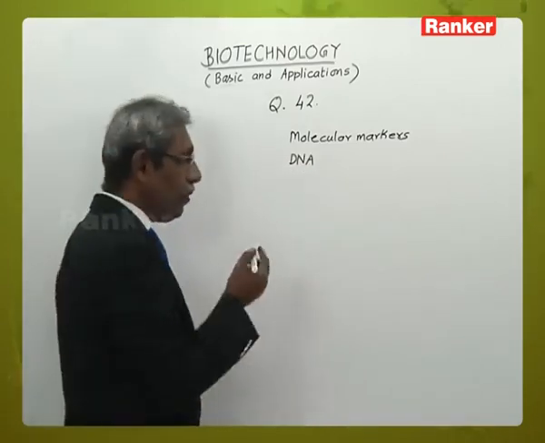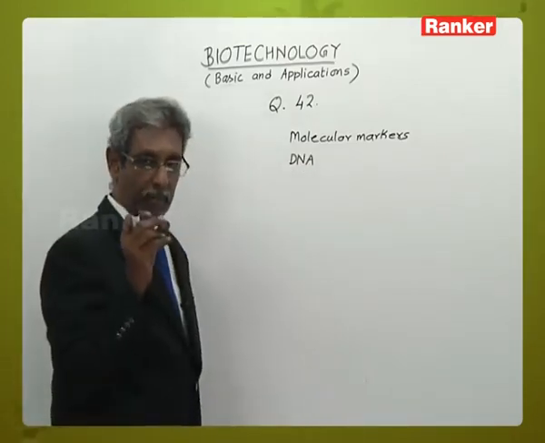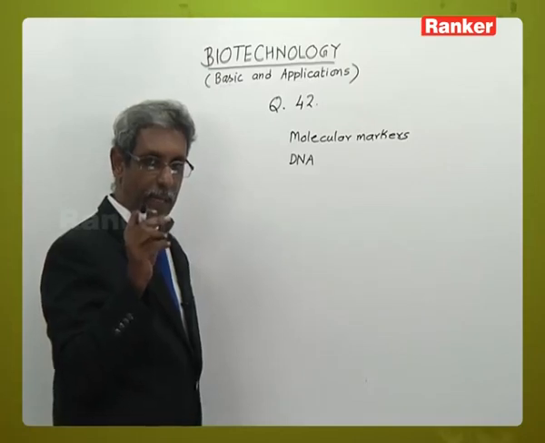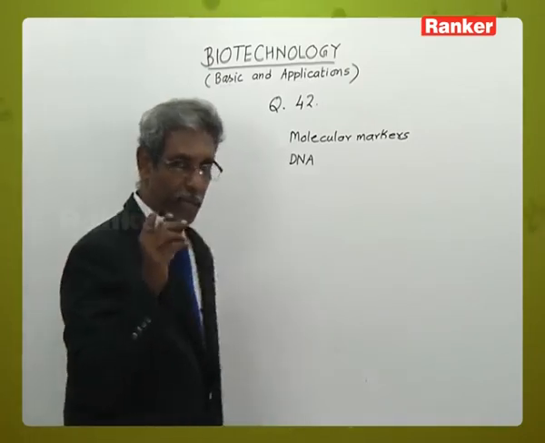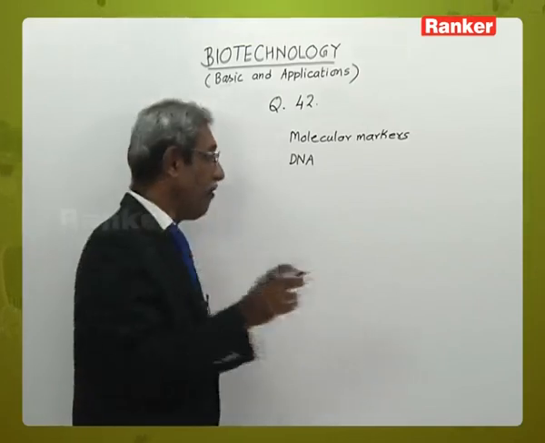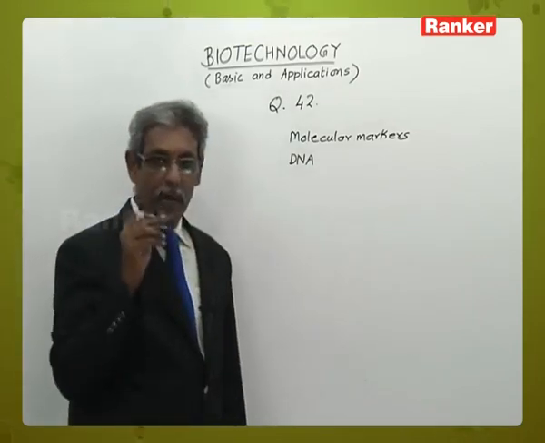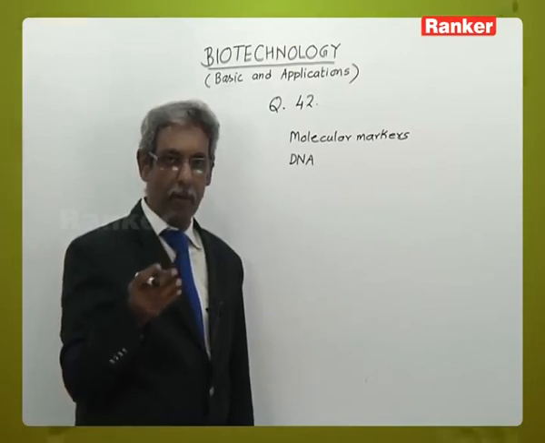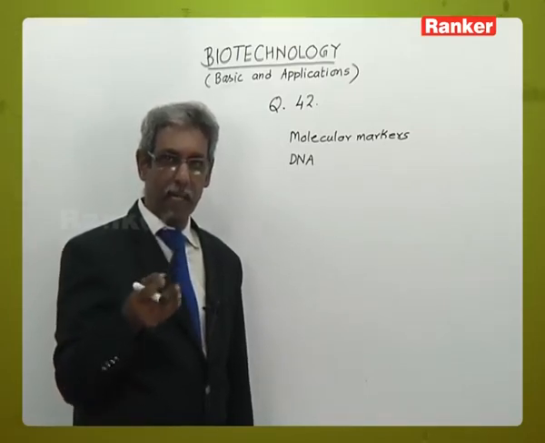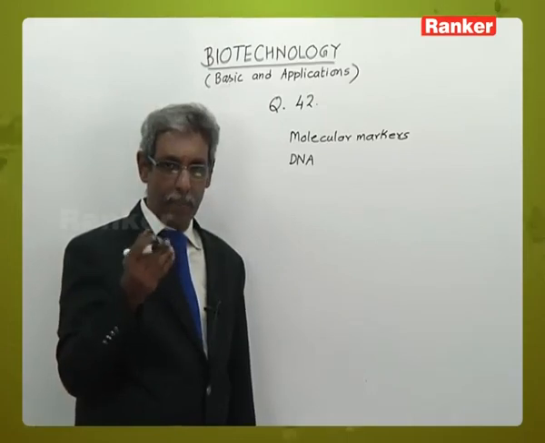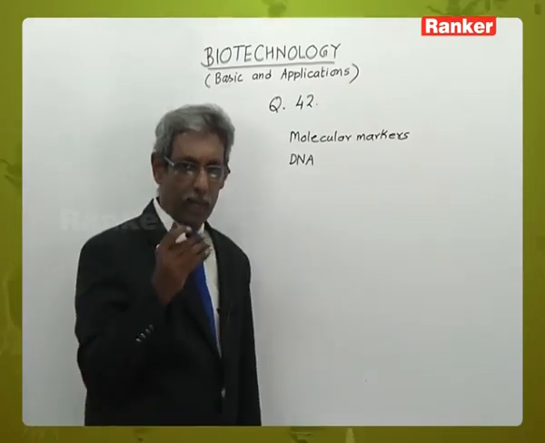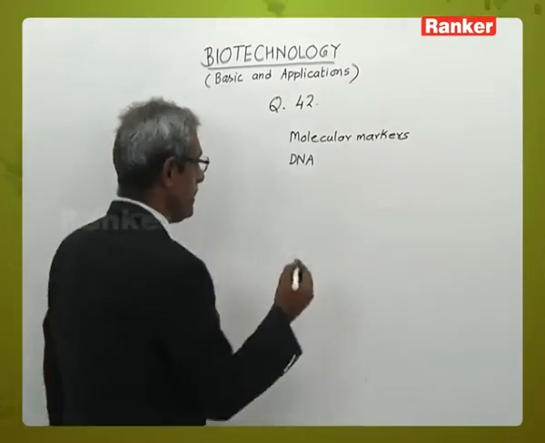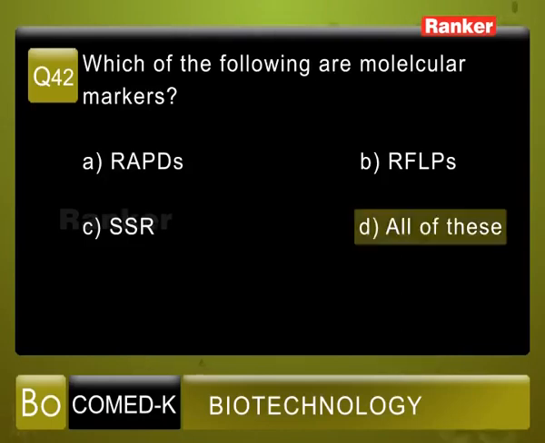They amplify a particular sort of DNA. Random amplified polymorphic DNA is the technique of RAPD. The second method is restriction fragment length polymorphism, that is RFLP, and the third one is simple sequence repeats. So, all of these are examples of molecular markers. The answer is D.